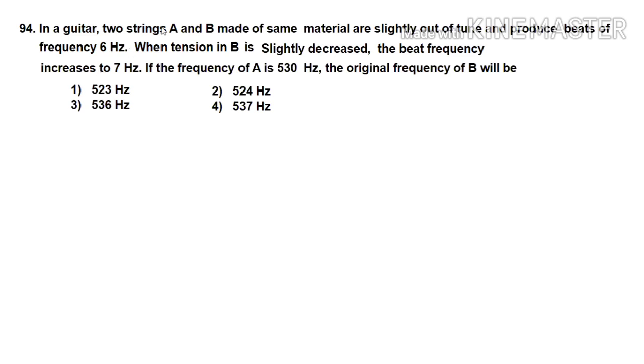Question number 94. In a guitar, two strings A and B made of the same material are slightly out of tune and produce beats of frequency 6 Hertz.